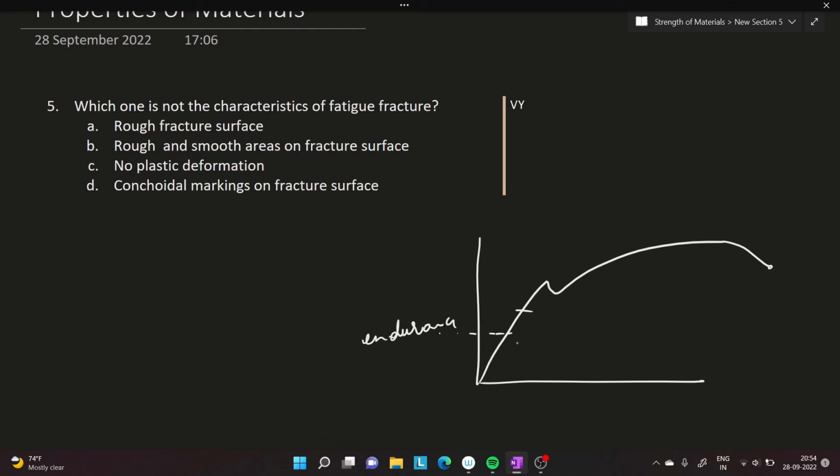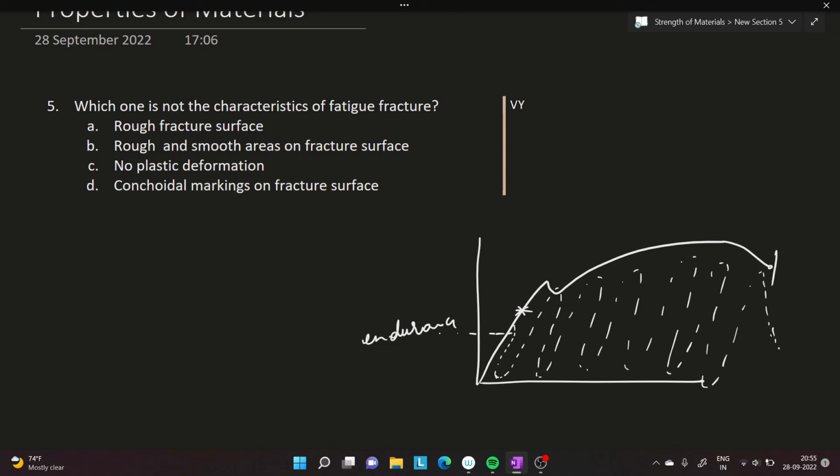Okay, so if a material or a body is loaded more than the endurance limit and less than the elastic limit, and while unloading it is going to store some amount of residual energy, and if a particular body is continuously loaded and unloaded, this residual energy will continuously be stored in the body until it becomes so huge that it goes beyond the point of failure, and here the body is going to fail, or let's say a rod is going to experience failure.